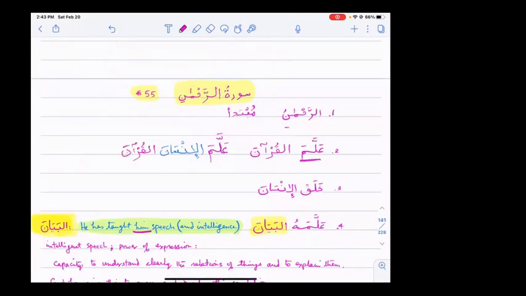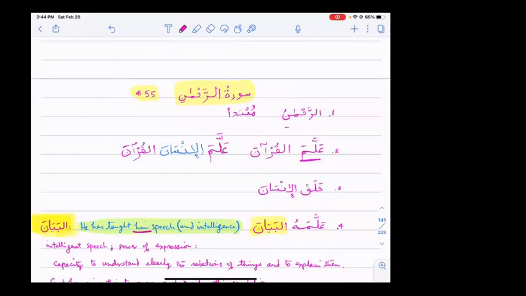Now you know, the people who memorize it, they don't understand this, brother. But as a student of Arabic and a student of Quran, you come across this explanation. Allama al-Quran needs two mafulun bihi. It means he taught the Quran, but he taught it to someone. Who is that someone?